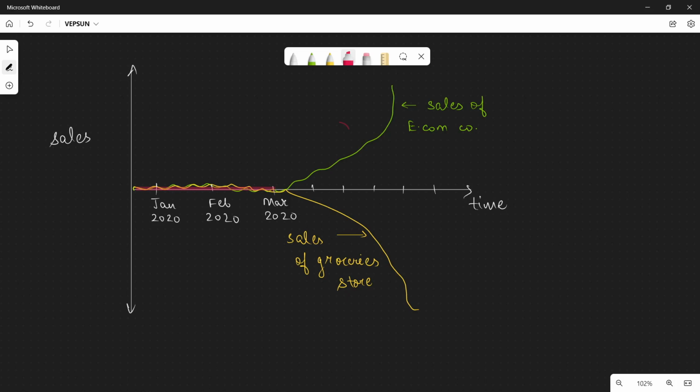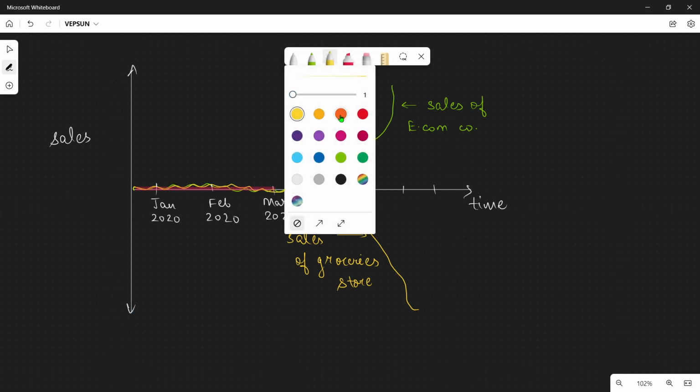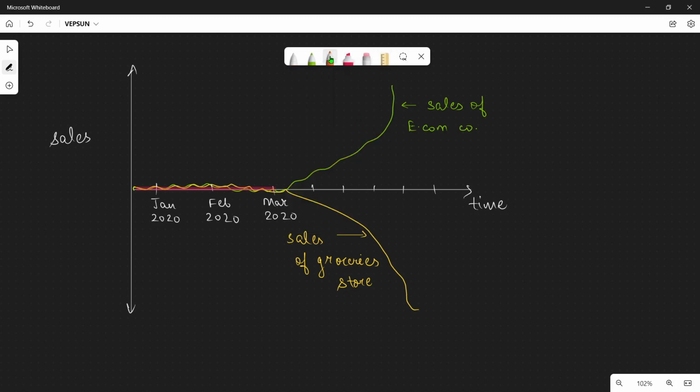Corona cases were increasing, we had to save ourselves, and the government of India declared a nationwide lockdown. So maybe in the third week or the fourth week of March, this is the point where we witnessed lockdown.